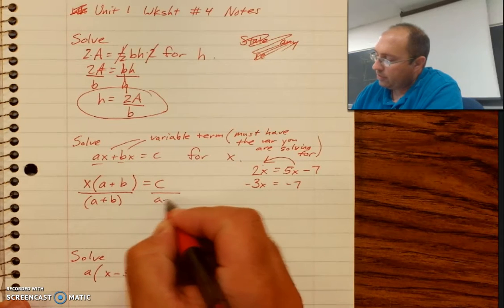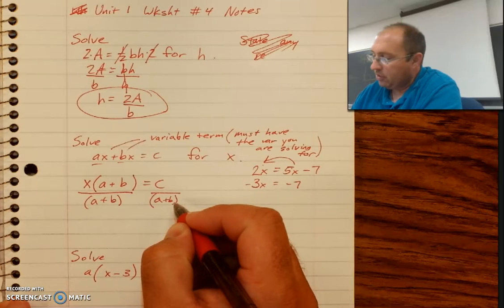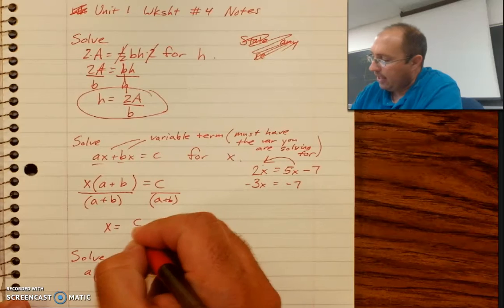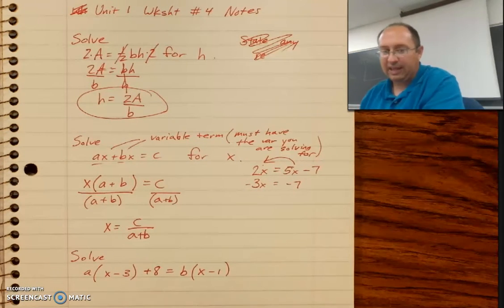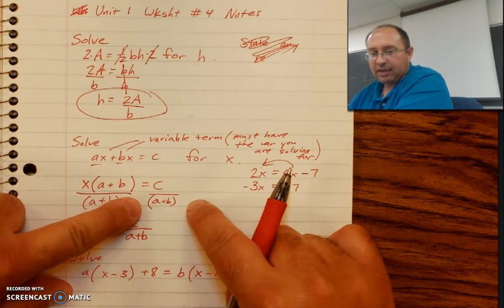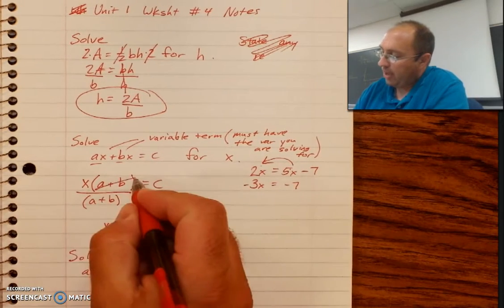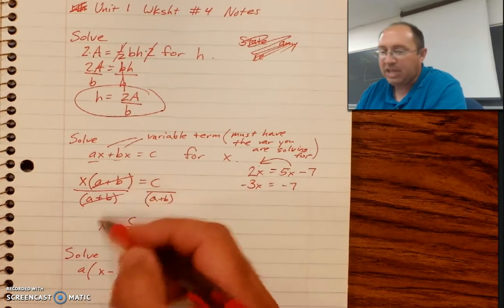Now, there is nothing magical about these parentheses that I'm putting around the a plus b. The only reason I'm doing it is so that you understand that a plus b is one thing. It's one thing that you're dividing by. It's just got two parts. You're dividing both sides by it, so that whole thing is disappearing. Don't tell me that the a's are canceling out and the b's are canceling out.